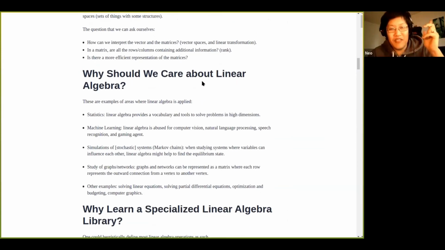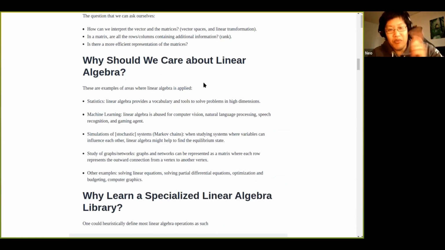So first, in terms of theory, we can ask ourselves, how can we interpret vectors and matrices? What are the matrices? So in the matrix, what does a row or column represent? And do we get a more efficient representation of matrices? And that's going to be answered at the end.